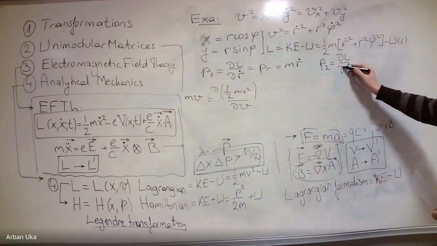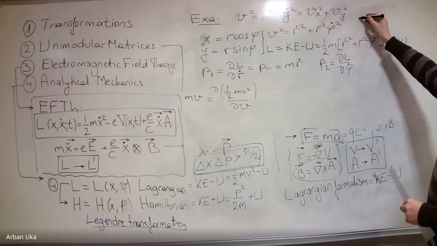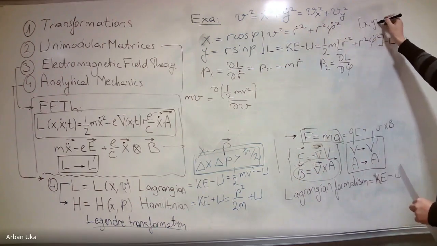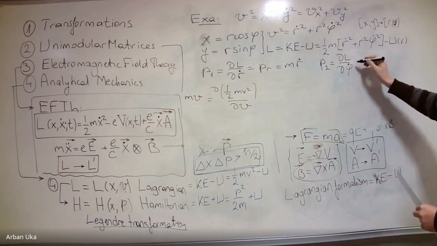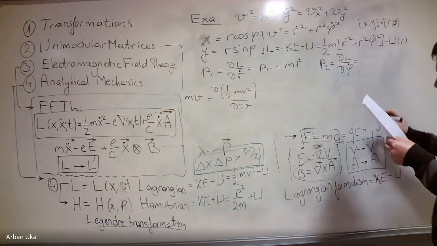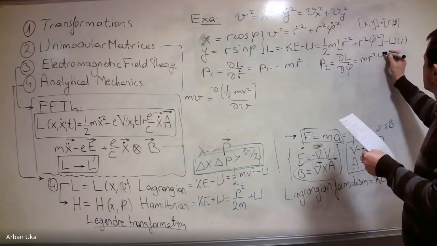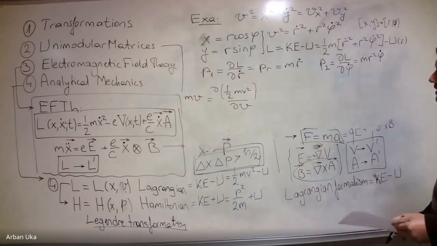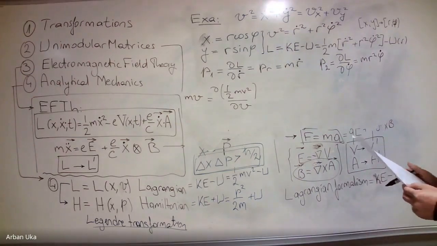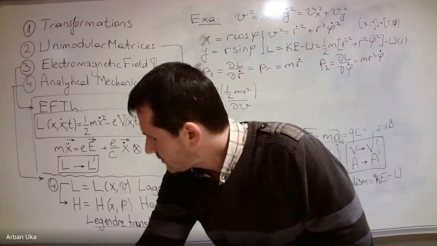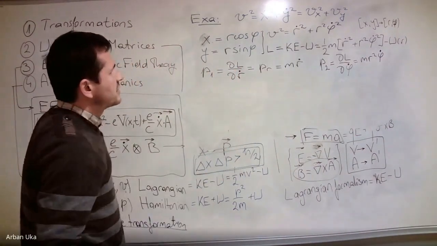Here we take the derivative with respect to the other coordinate, because we should not forget that from x, y, now we are in r, phi. Okay, that's why we do this. And the answer here is going to be m r squared times the first time derivative of phi. So we have these two linear momenta.